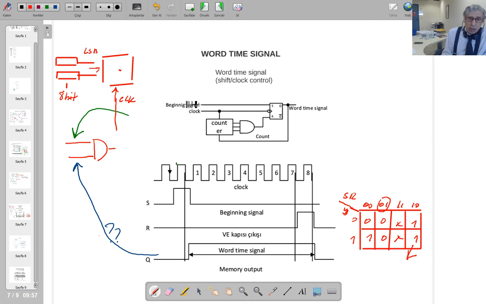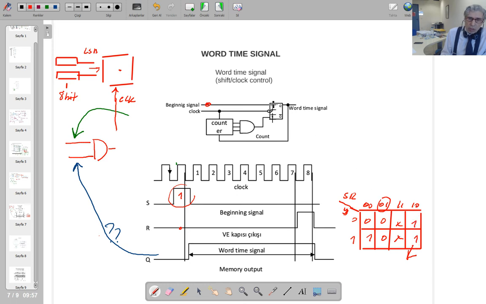So at the beginning signal, you're going to push a signal to that input. That is this one you are applying here, and our other input is 0. So when you apply 1, 0, whatever your state is, your output is going to be 1.